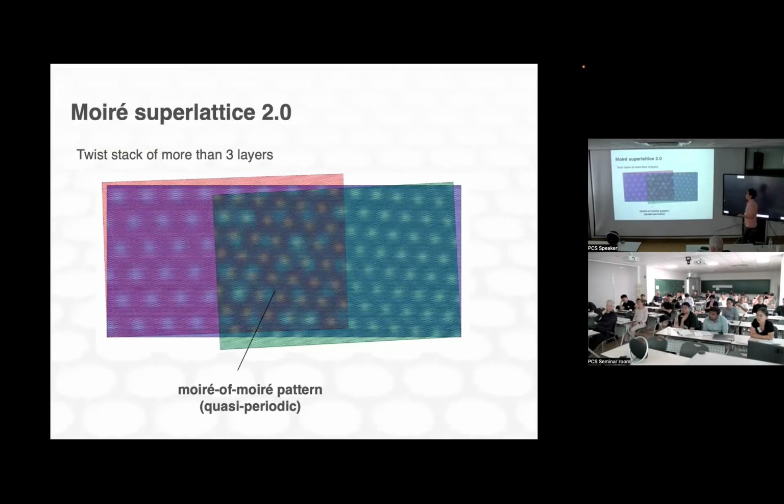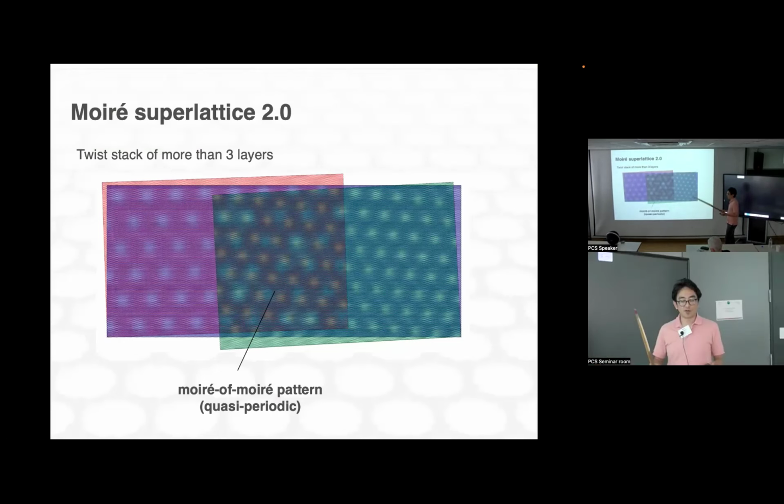So now, okay, moiré superlattice 2.0. Now that everybody was working on the moiré bilayer, of course it's basically very straightforward to make trilayers. A trilayer system is complicated. Everybody avoided thinking about it.